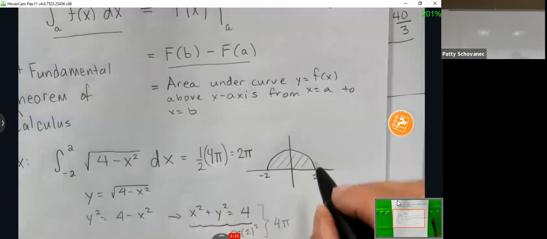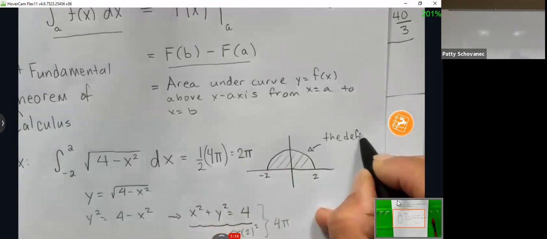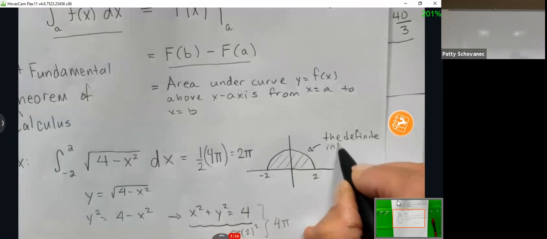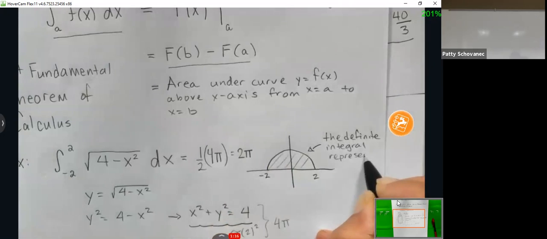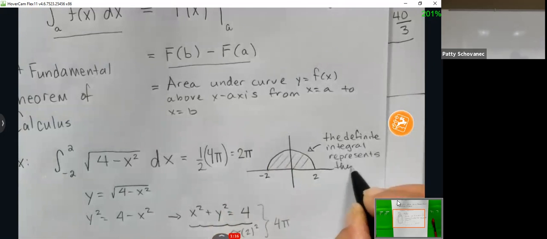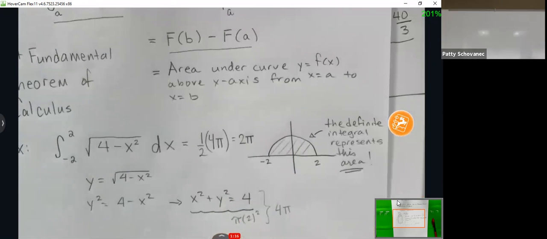Top half of the circle. So I didn't do any calculus because we don't know how, but that's what it does.